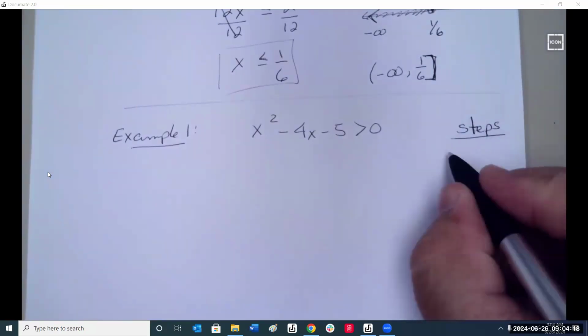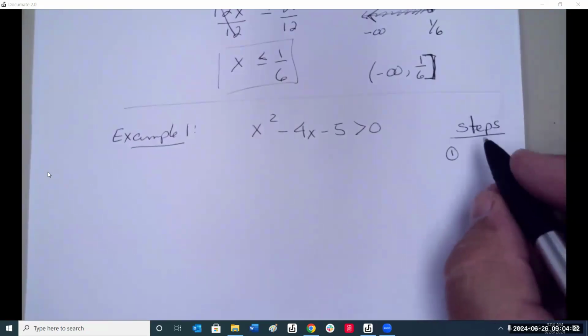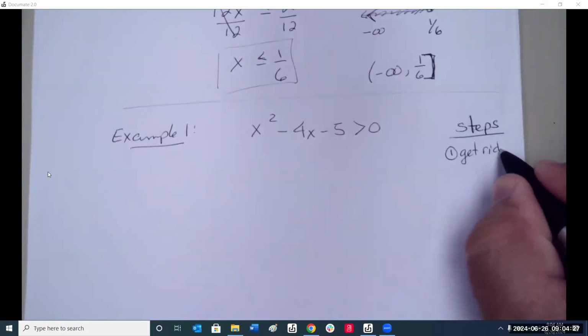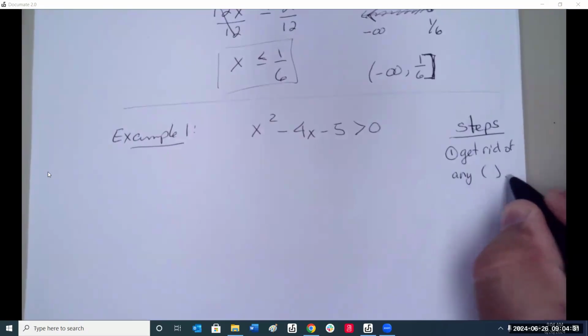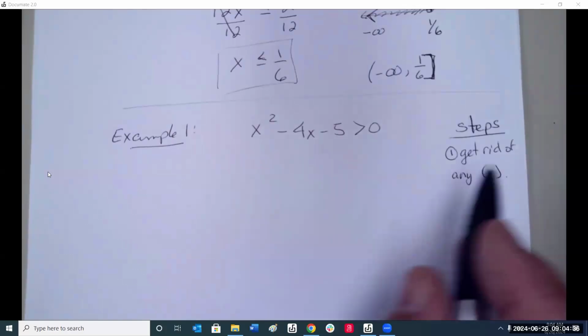Here are our steps. First, get rid of any parentheses. Check, there's none there.